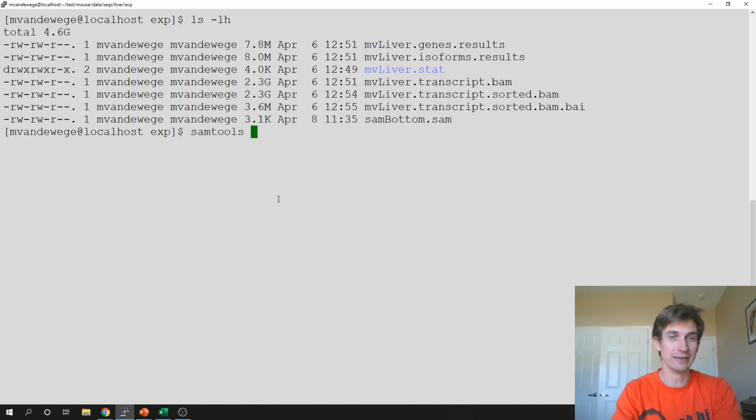So SAMtools is awesome because it's the tool that helps us read these BAM files or these SAM files. So BAM and SAM are the same thing. It's just BAM is in binary and SAM is in plain text, but they both hold the same amount of information.